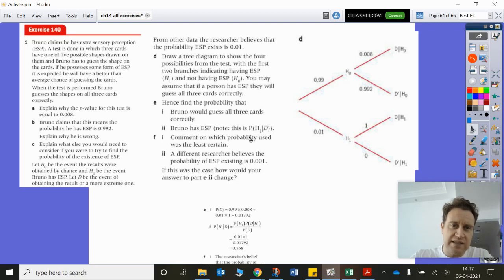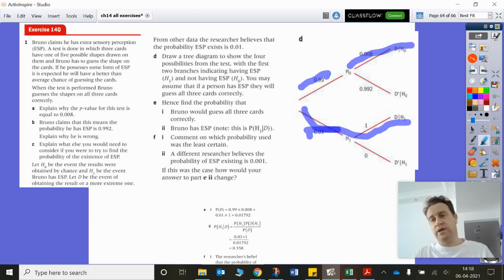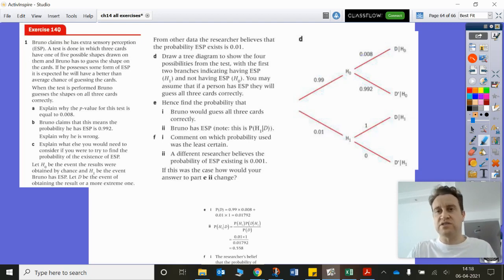Part E, extend, hence find the probability that Bruno would guess all 3 cards correctly. So all 3 cards correctly is basically asking us to say, this is he's got it, this is he hasn't got it, but the chance of him guessing them correctly is this route and this route here. So we're going to need to do our multiplications and add those together.